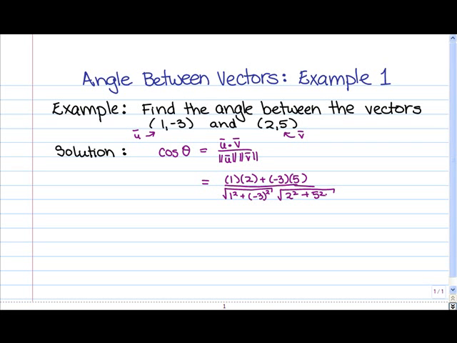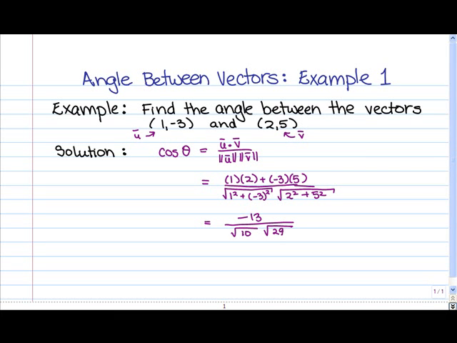So we've done the hard part now on the right hand side. We can go ahead and simplify this just using arithmetic. So in the numerator, we've got 2 minus 15, so that's -13. And in the denominator, under the first root sign, we've got 1 plus -3 squared, which is 9, so we've got root 10. And under the second root sign, we've got 4 plus 25, so 29.